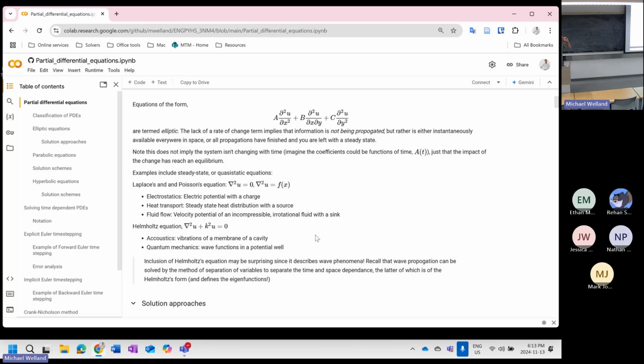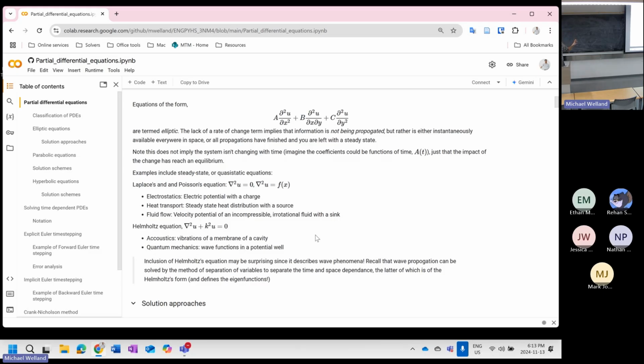If you remember, do you remember talking about separation of variables? As a general technique, do you guys remember this? Yeah, okay. So what you do is you say that your function is a product of one time-dependent part that only depends on time, and another spatial part that only depends on space.